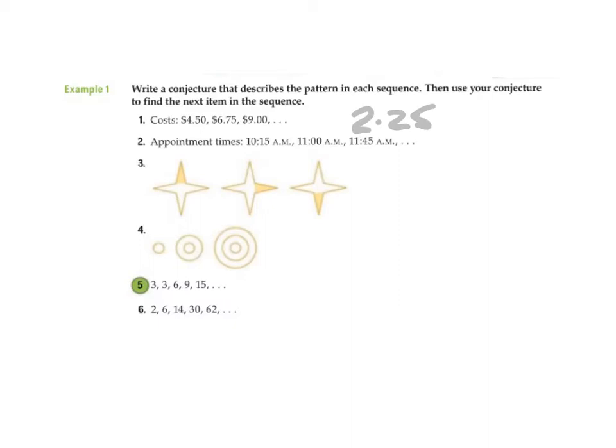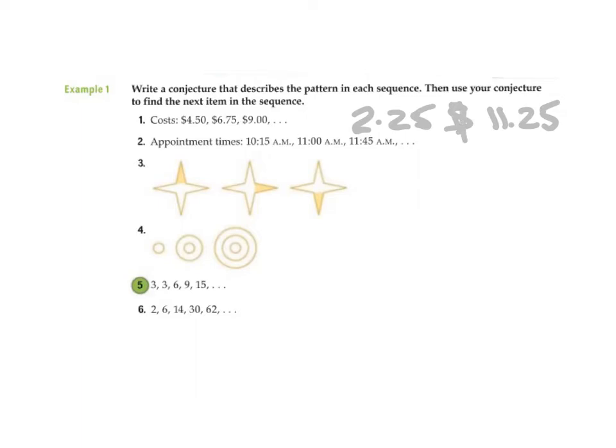If you add $2.25 to $6.75, what do you get next? You get your $9. Then you use a conjecture to find the next one. If we're adding $2.25, and we know that's right, $9 plus $2.25, so the next one will be $11.25. All right, so we're looking at dollars. Okay, I'm going to skip a few.